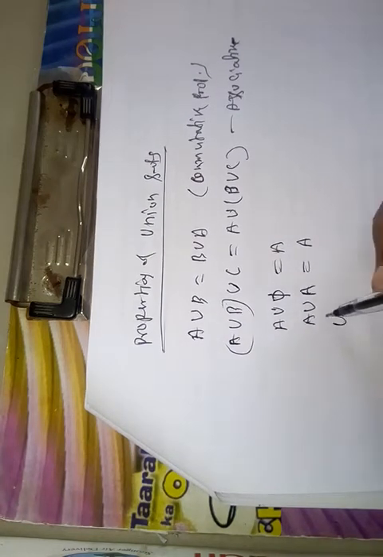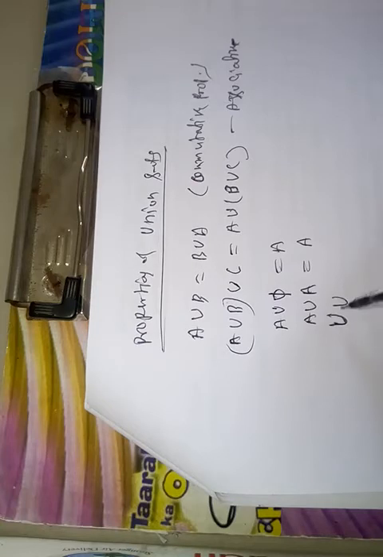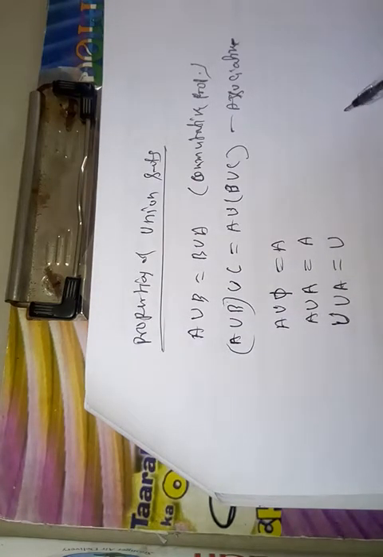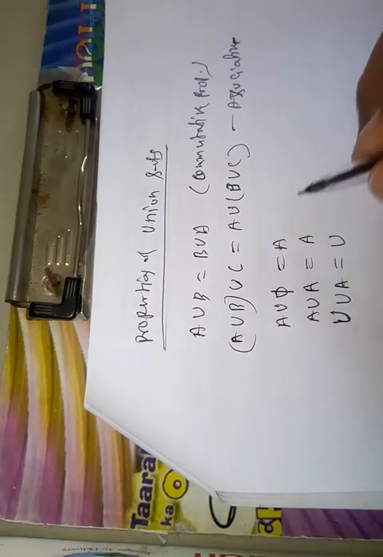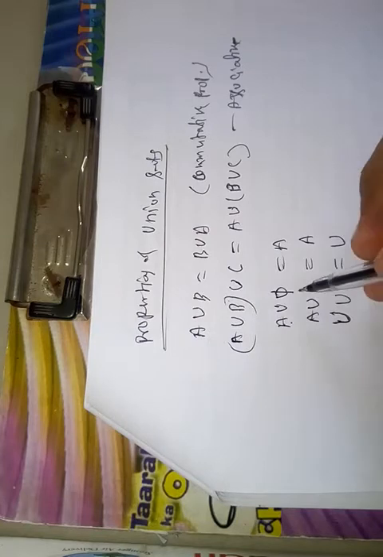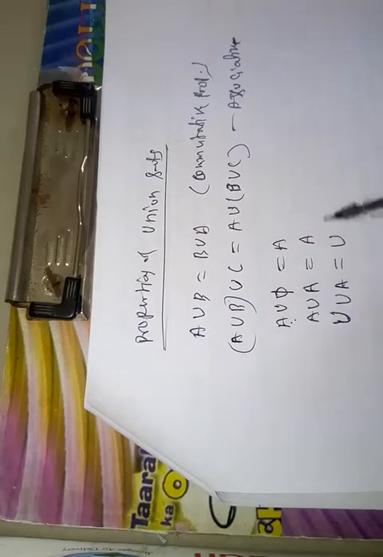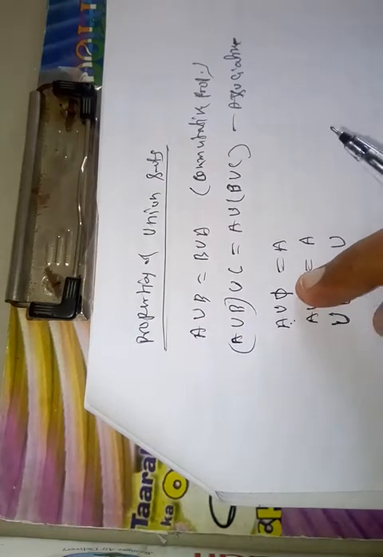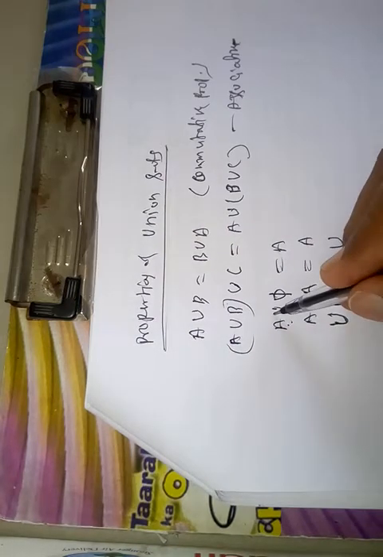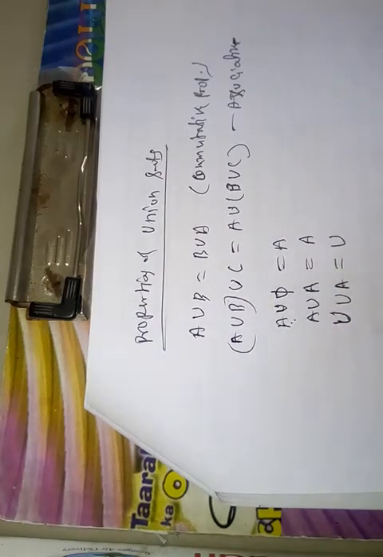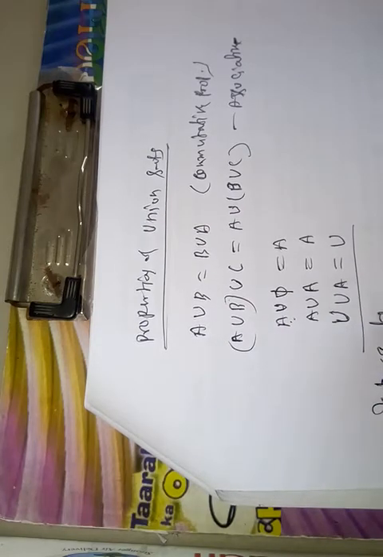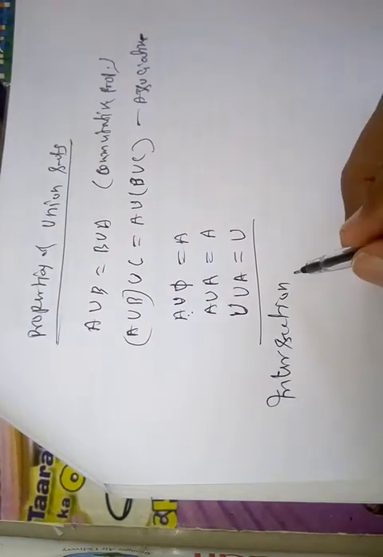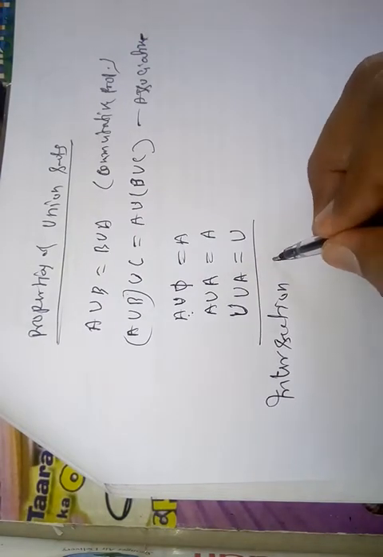Also, U union A equals U, where U is the universal set. Clear? A has the maximum elements, not phi. Phi is the null set, so union gives the maximum elements. This is the union condition. And now the properties of intersection.